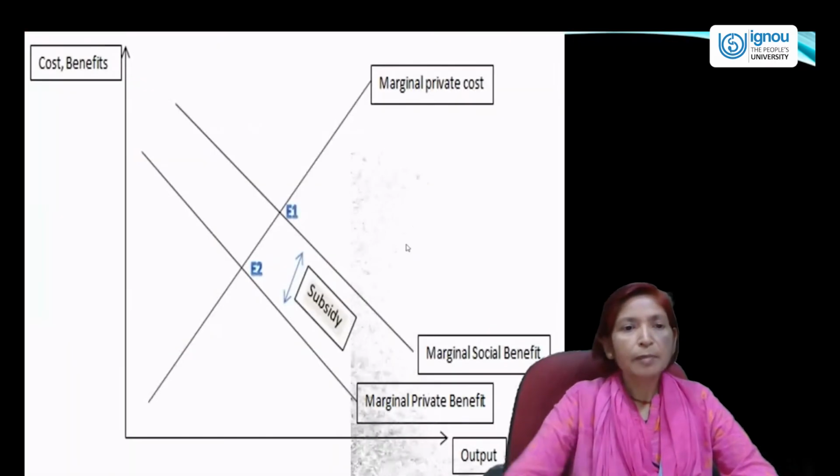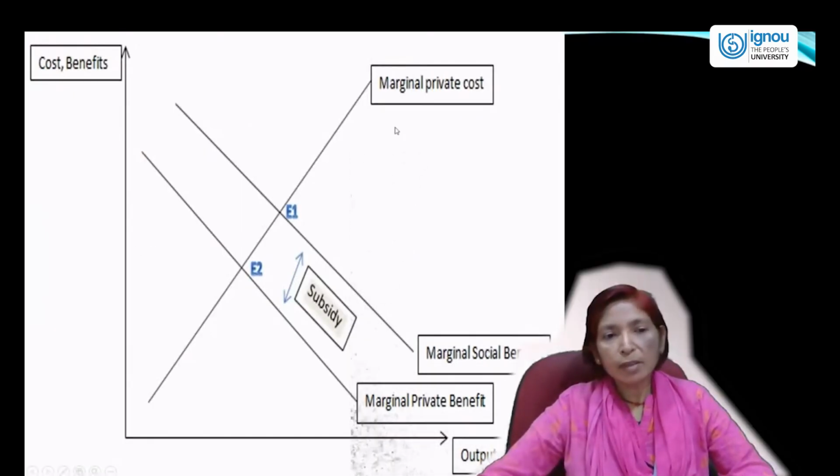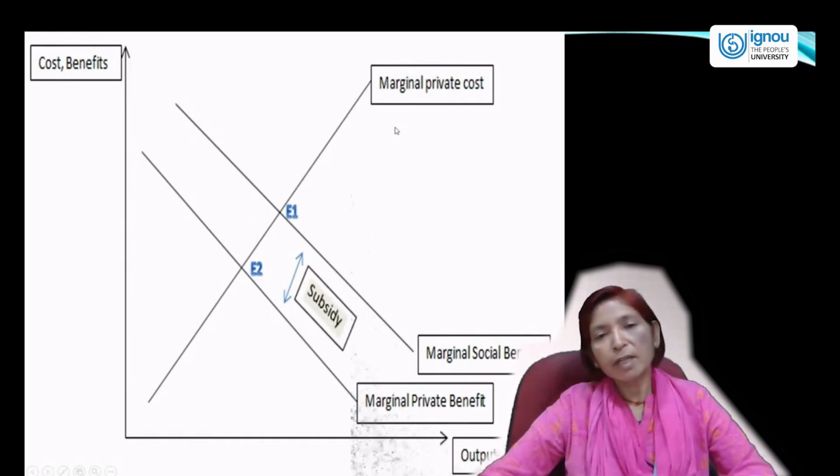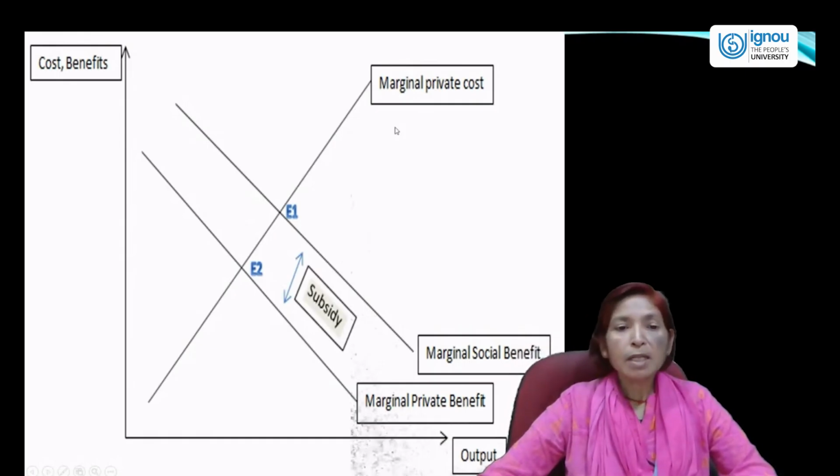This is the diagram of positive externality. Here the marginal private benefit curve is a downward sloping curve. The marginal social benefit curve is also a downward sloping curve, but it always remains above the marginal private benefit curve. The marginal private cost curve is an upward sloping curve.